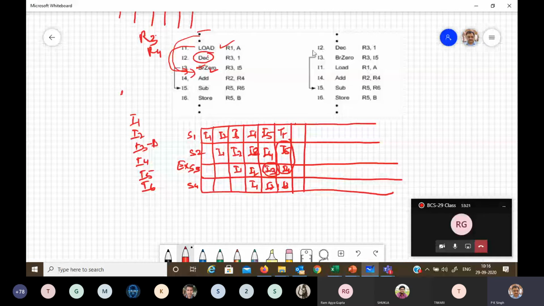I2 is dependent, but I1 is not dependent. If you can pick one more instruction from here and insert here, then you can reschedule the instructions and you will get the desired efficiency, whether the branch is taken or not.